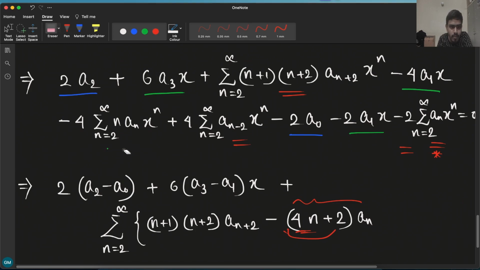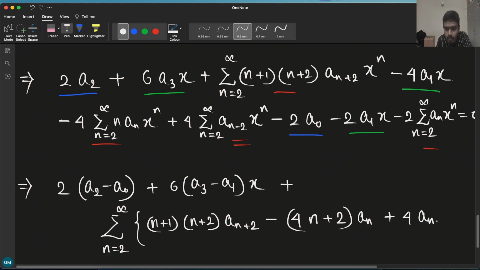Good. So these two terms are taken care of, and we are left with only this term, which is plus 4 a n minus 2, times x to the power n equals 0.